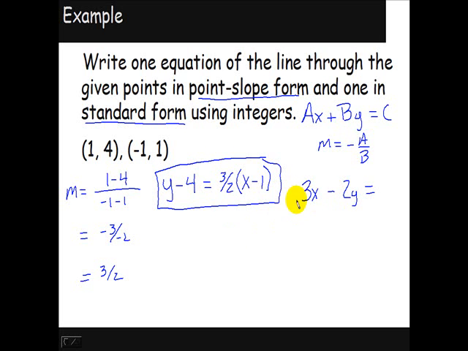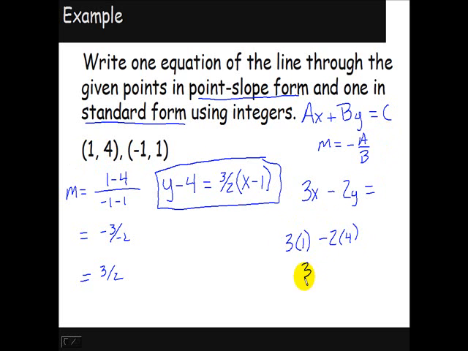So notice if I take the opposite of a, I get negative 3 over negative 2. That does equal the same 3/2 right here. Now I just need to figure out this c value. The c value I'm going to get by plugging in the point. So I'm going to put in 1 for x, 3 times 1, minus, I'm going to put in this 4 for y, 2 times 4, and see what I get.